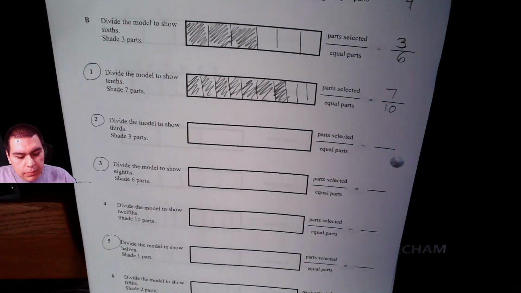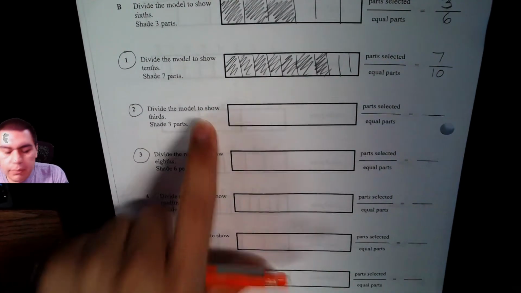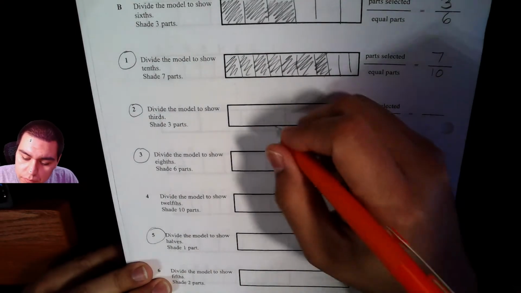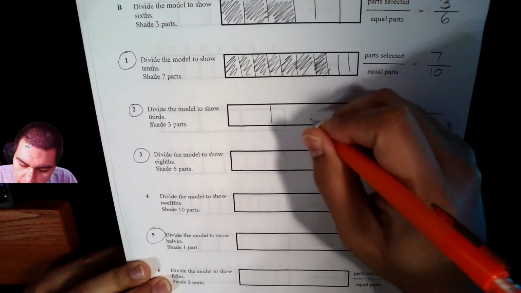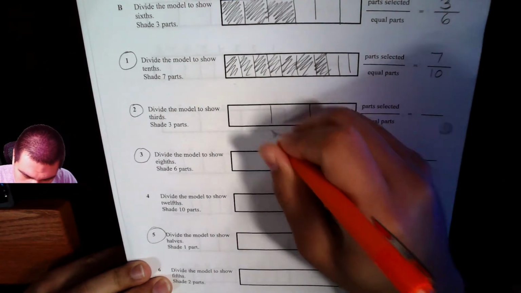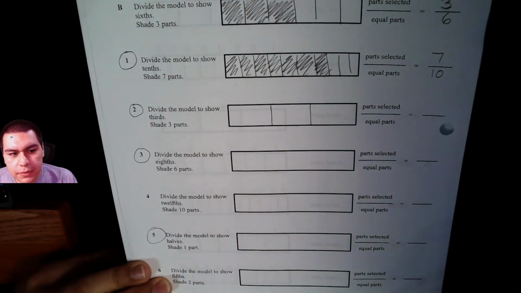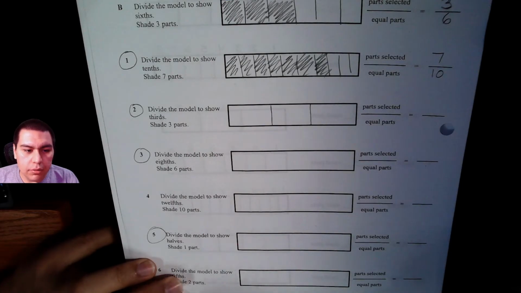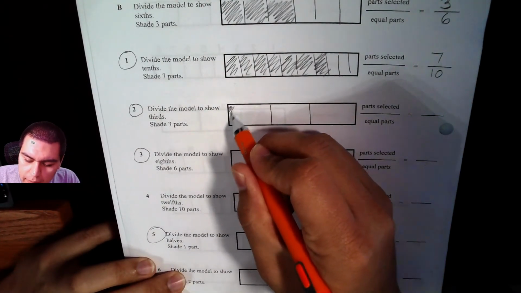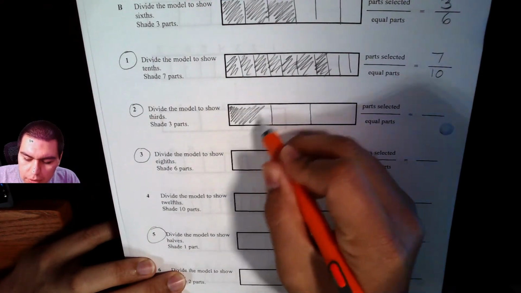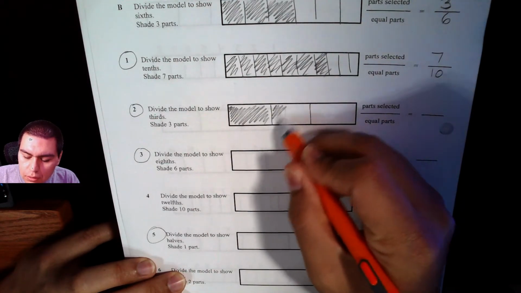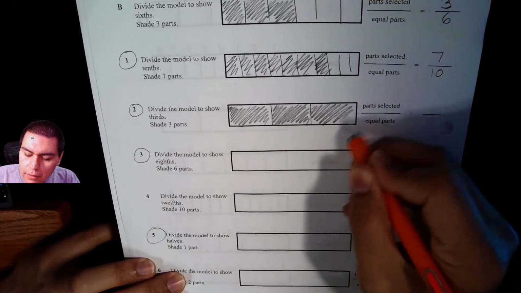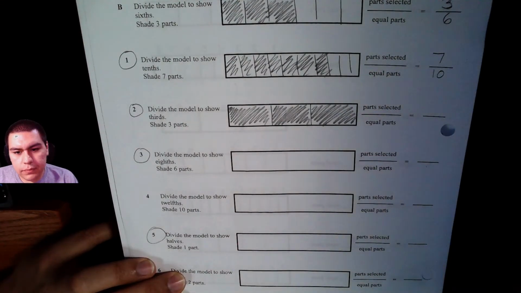Oh, we need to divide the model to show thirds. So the first thing I'm going to do is put some lines to break it into 3 pieces. And then it says to shade 3 parts. I'm going to color in 1, 2, 3 parts.